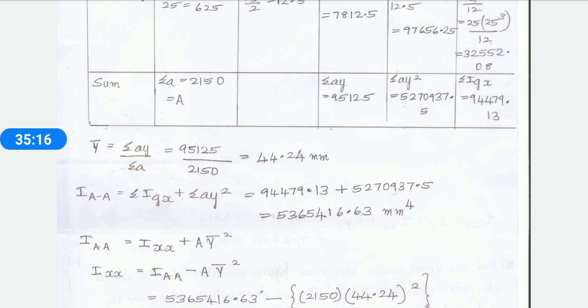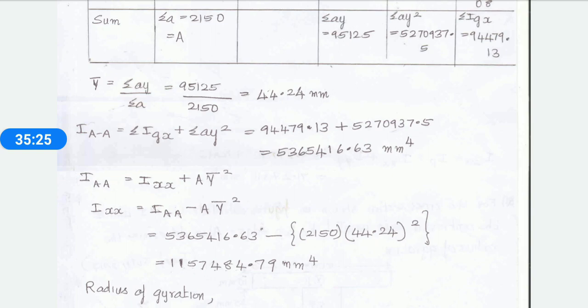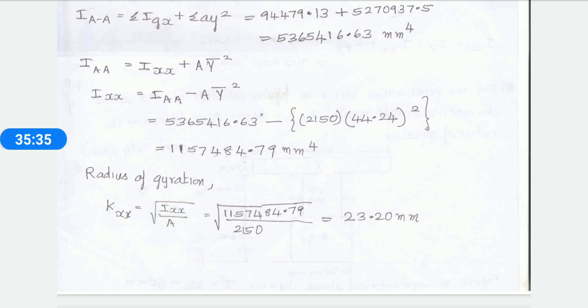So I_11 is equal to summation of I_Gx plus summation of Ay square. Get the I_11 value, then substitute it to get your I_xx value, where capital A is equal to the summation of your A values. Then you want to find the radius of gyration. That radius of gyration is equal to the square root of I_xx divided by A. Substitute and get your radius of gyration.